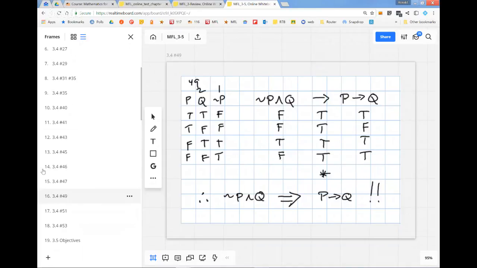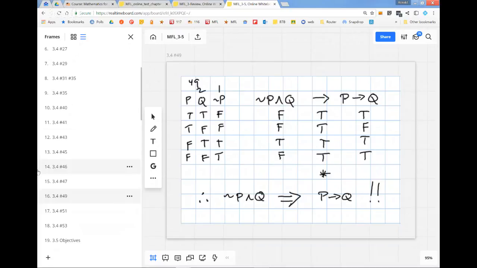We haven't talked about an implication yet tonight. An implication is when one statement is the if and the other is the then, and it turns out to be a tautology.